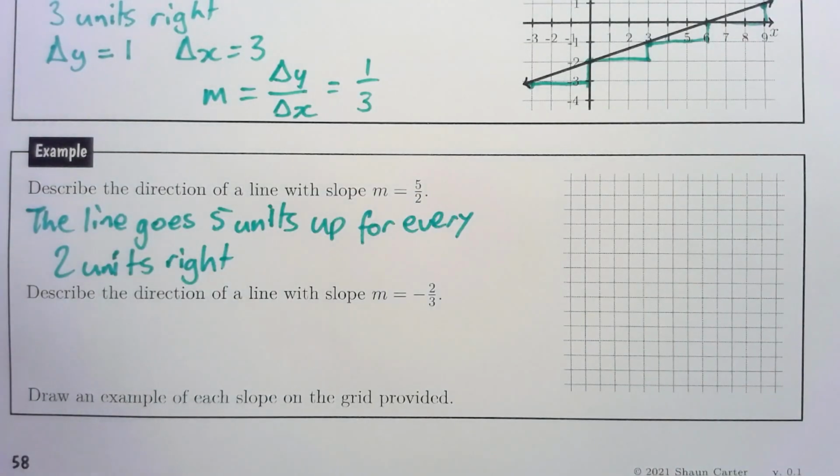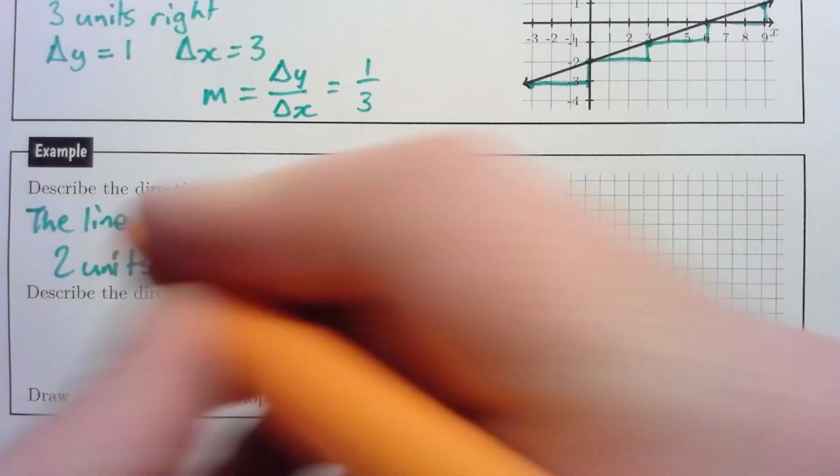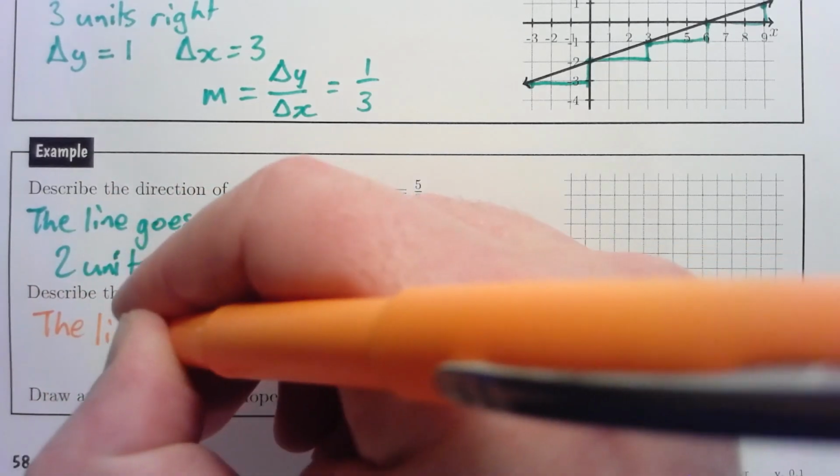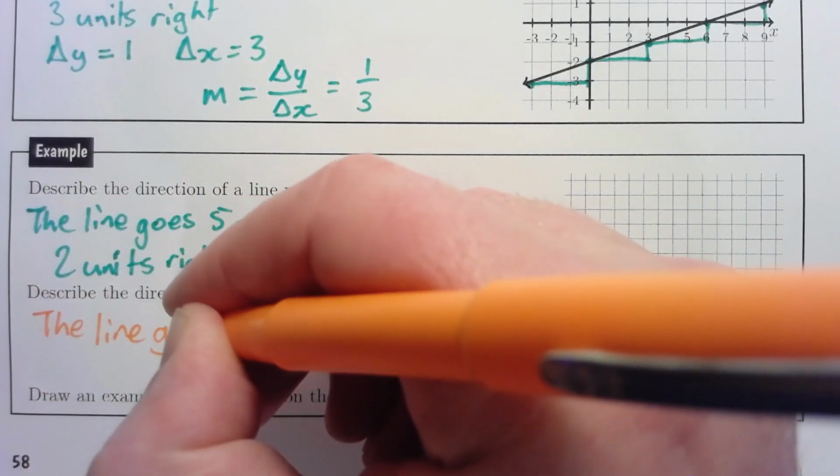And I'm going to switch colour here, because we're going to have to draw these lines in a moment, and I want to be able to tell which one is which. So this second one, the line goes... Now notice we have a negative slope here.